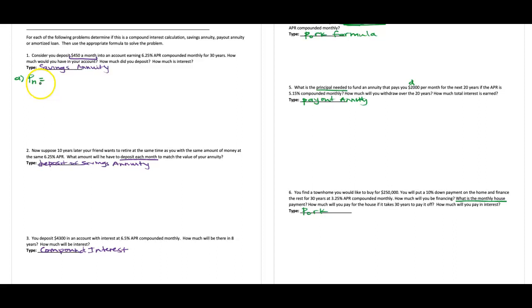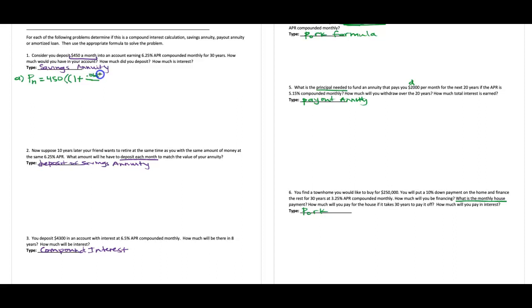All right, so P sub n equals D, and D is our deposit, so that's going to be our 450 times 1 plus, and sometimes you have to be really careful with your parentheses on some of these, right? 1 plus R over K. My rate on this is going to be 0.0625.